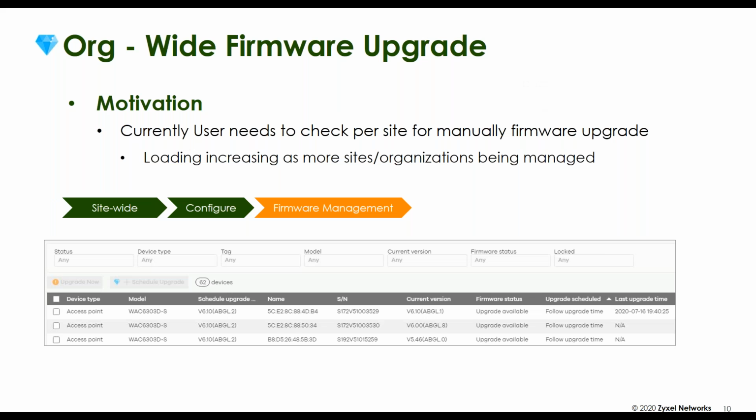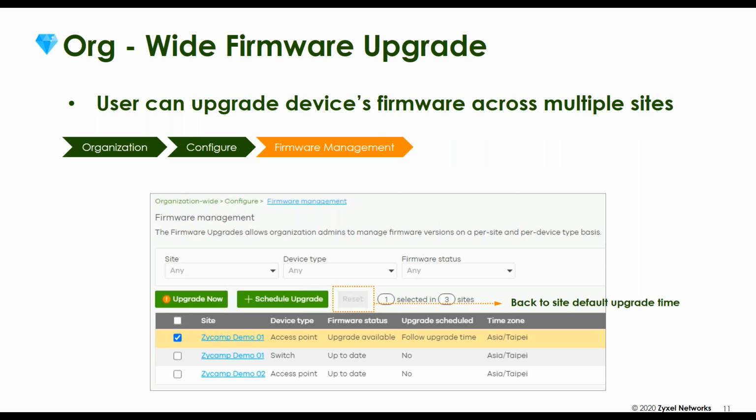Firmware upgrade. This has been implemented where you can actually firmware upgrade multiple sites at the same time. So you'll be able to do all access points on a particular site, or all switches or gateways on a particular site, for instance. Previously this wasn't available, so you had to go through each site, which could be quite painful if you had quite a lot of sites. However, they do now give you the ability to do that.